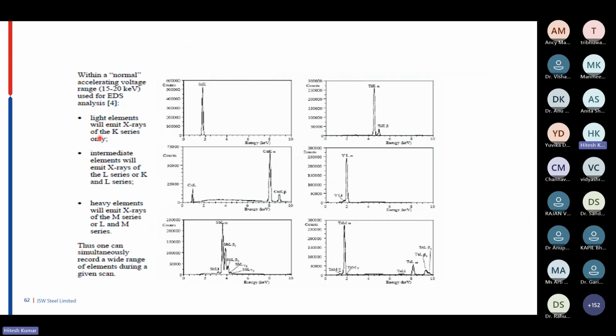Normally we use 15 to 20 kV for EDS analysis. The light elements will emit X-rays of the K series only, the intermediate elements emit X-rays of the L series, and the heavy elements emit M and L series, or L and M series.